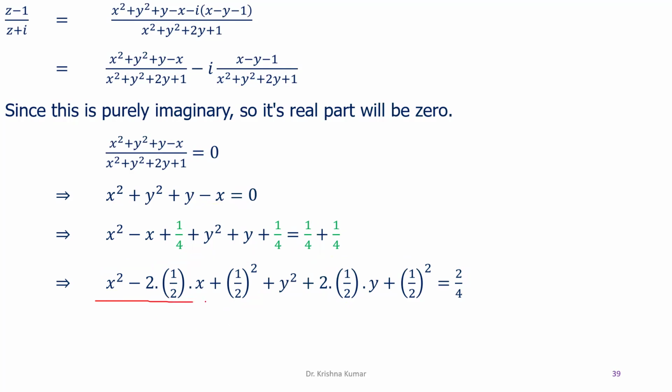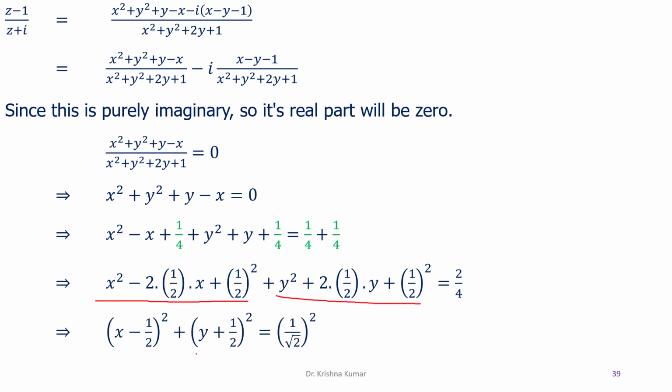So this can be written as (x minus 1 by 2) whole square plus (y plus 1 by 2) whole square, which is equal to 1 by 2, that is (1 upon root 2) whole square. This is (x minus a) whole square plus (y minus b) whole square equal to radius square, which is nothing but the equation of a circle.